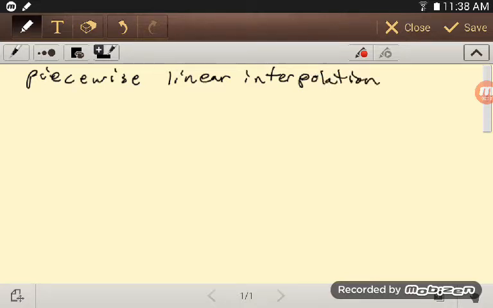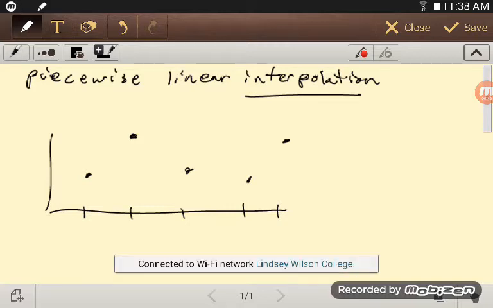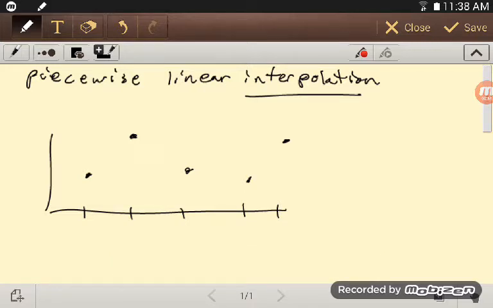Now interpolation, that part is just that I have some data, some points here, something like this, say, and interpolation just says that I am going to find some sort of function that passes through these points.